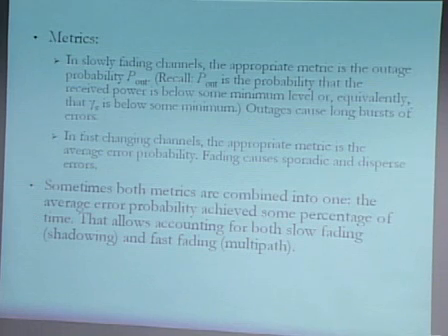Remember that shadow fading changes on scales of meters or tens of meters, and fast fading changes on the scales of centimeters or inches. So these changes happen on the order of seconds or even minutes for shadowing, and on the order of milliseconds for fast fading. When we have both types of fading, often we want to combine the notion of outage with the notion of an average. We'll see how to do that. It's actually easier than it sounds.